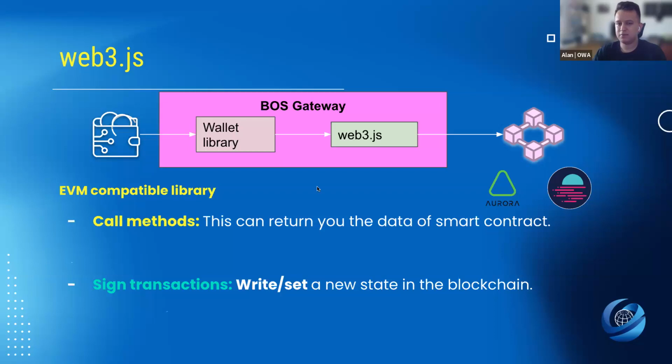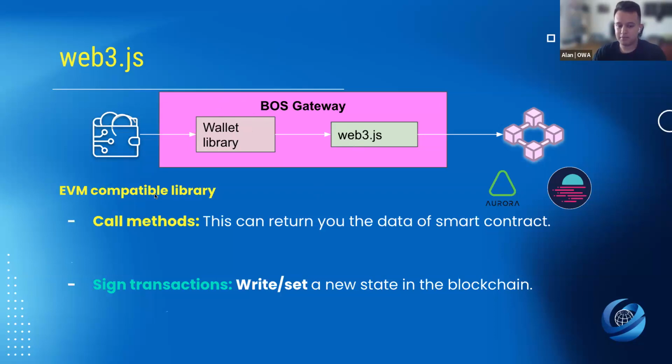If you have experience developing on Solidity, Web3, MetaMask, and all this stack of tools, you will find it very useful to interact with both, because this will allow you to add a layer of decentralization on the front end, and you will find a very similar way to develop, like in the traditional method of a front end in Web2, or developing for a BOS gateway.